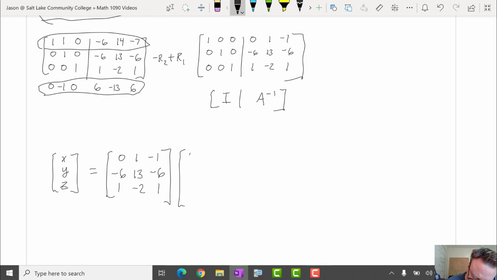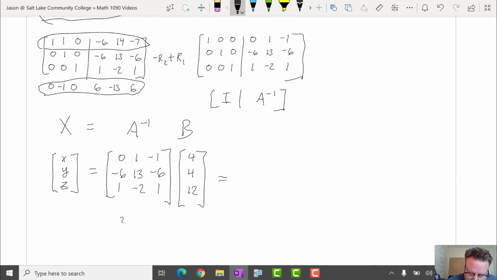So 4, 4, 12. Excellent. So this is our x is equal to A inverse times B. In other words, what we've done here by computing the inverse matrix, we've transformed this problem of solving a linear system into matrix multiplication. I just need to multiply A inverse times B now.